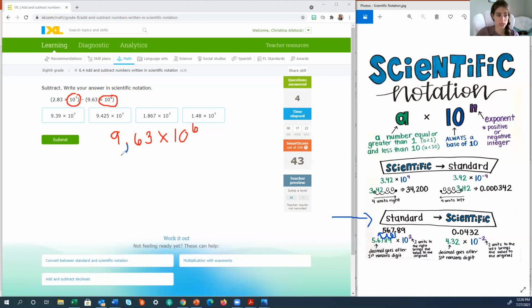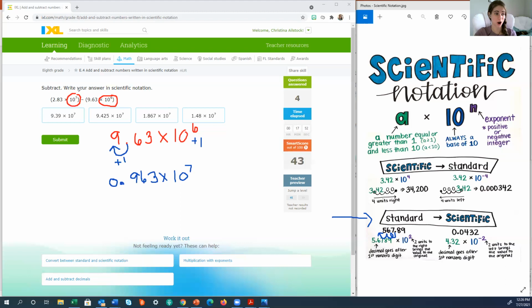So our decimal point is going to move one place to the left, which means our exponent needs to increase by 1 as well. Our equivalent form is 0.963 times 10 to the 7th.